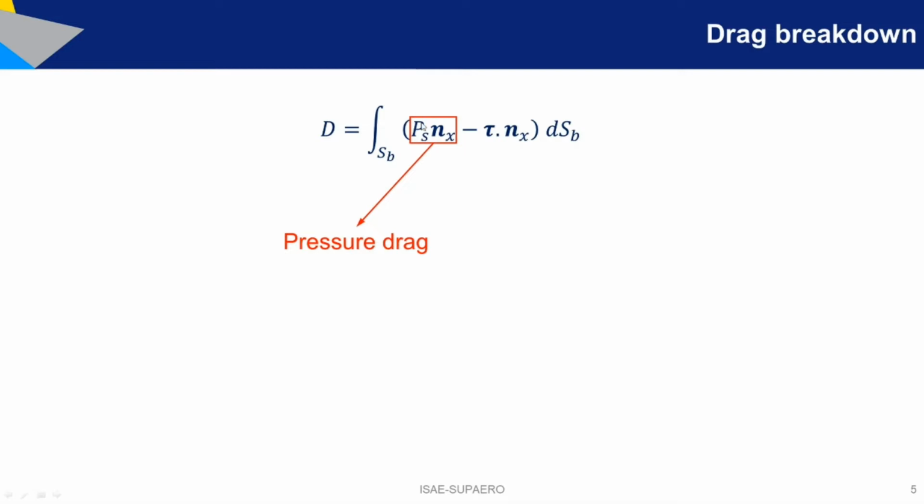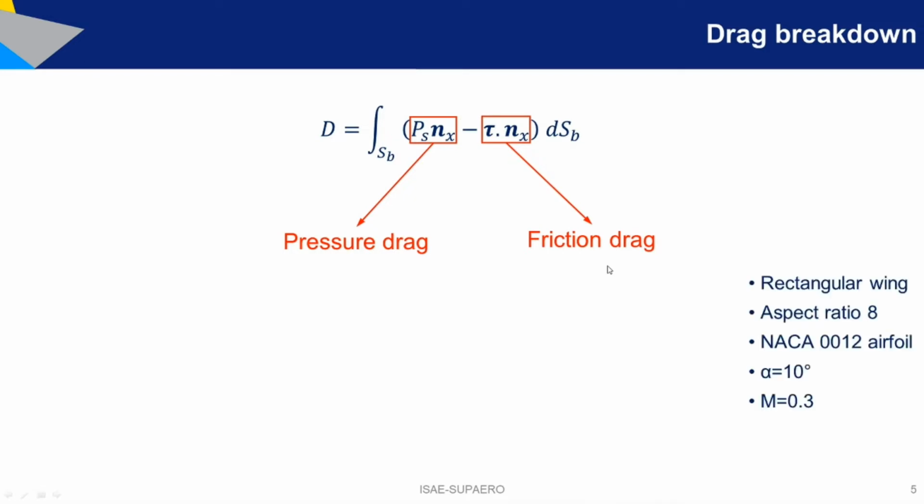And then the pressure term along the x-axis will generate a pressure drag, and in the same manner the friction term acting along the x-axis will generate a friction drag. So this is a very first drag breakdown, that is the total drag is decomposed into pressure drag and friction drag.